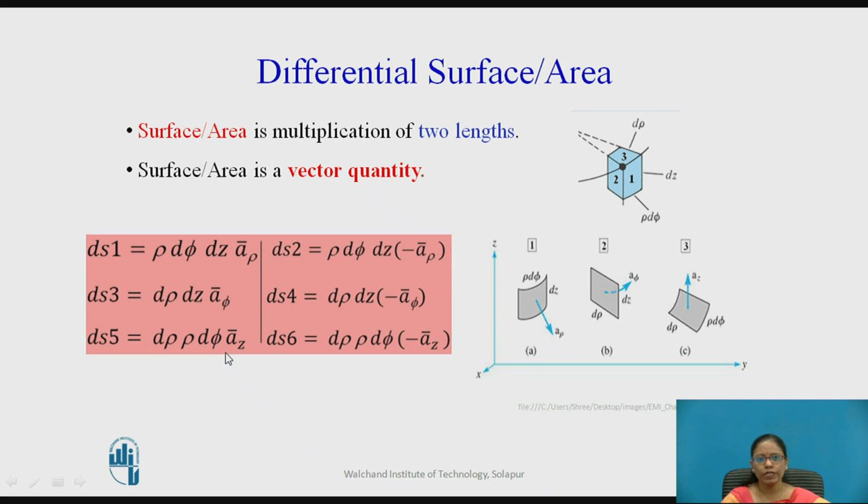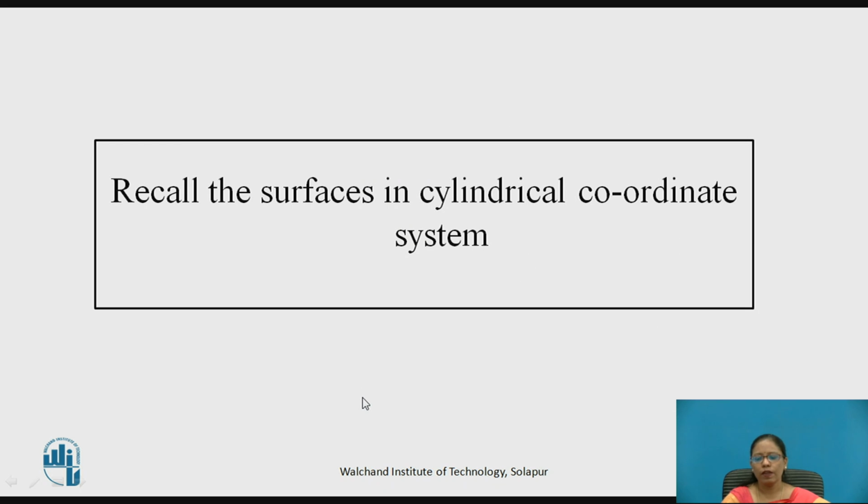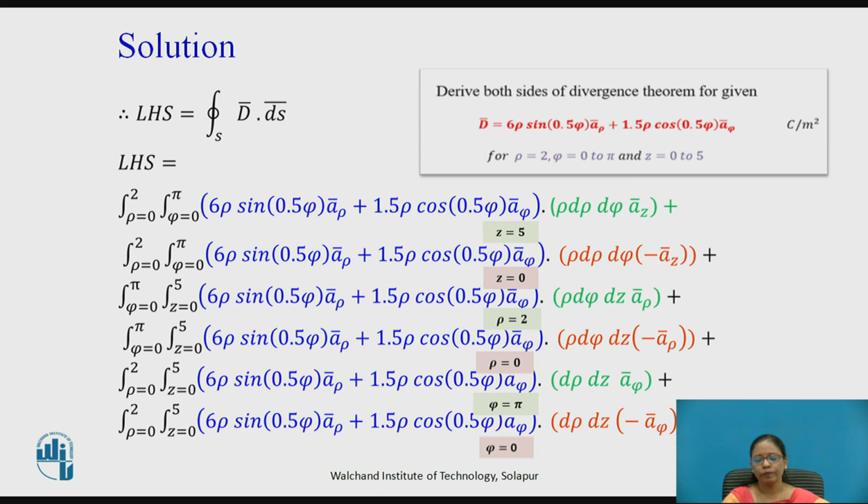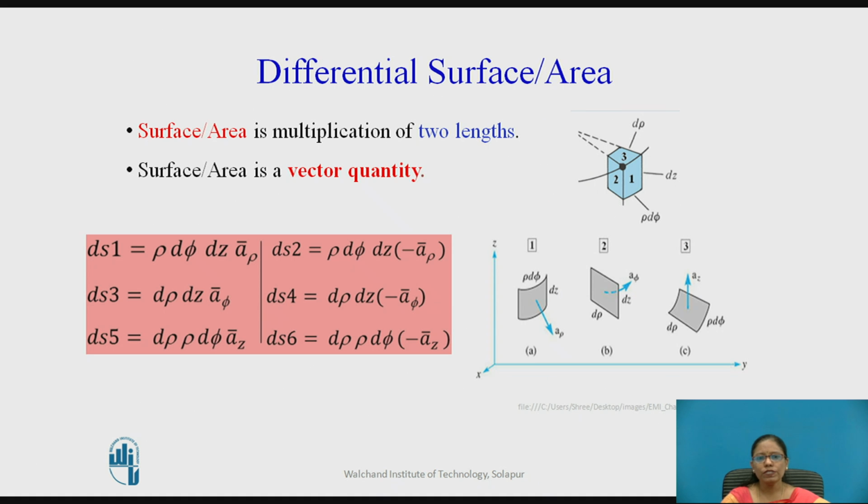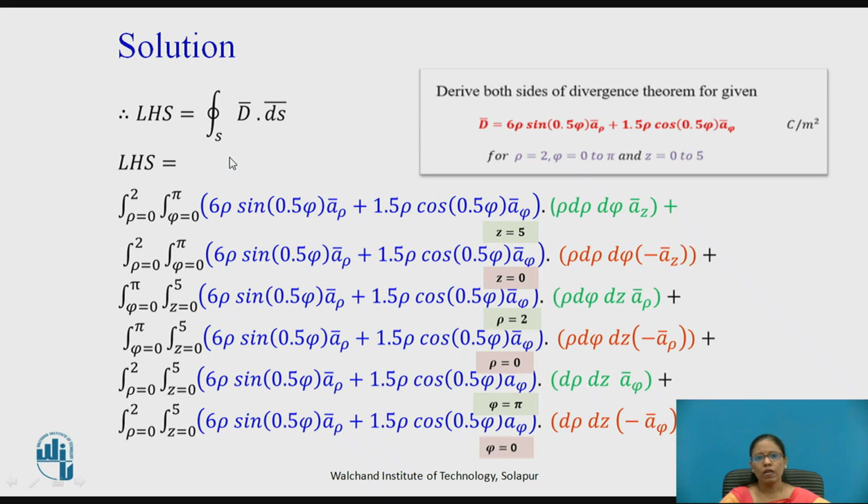We have listed all the 6 surfaces. So for all the surfaces, I have to write this D bar dot ds bar. D bar is the one which is given here, that I can put into ds bar, one surface, second surface, third surface, fourth surface, fifth and sixth, and all these surfaces I have written.